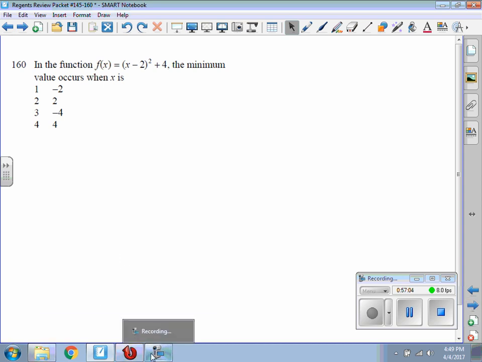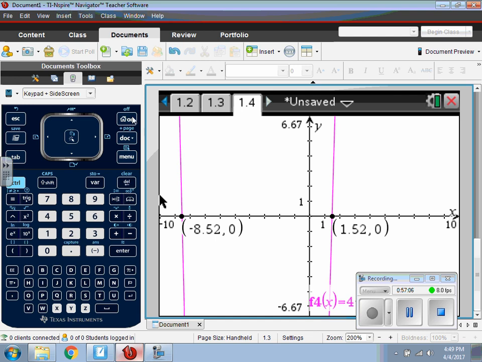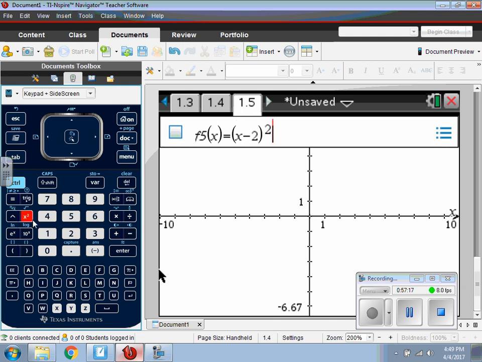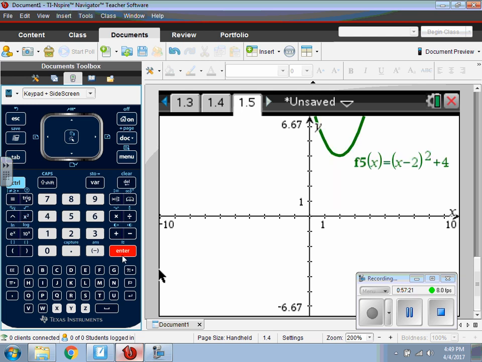So in the calculator, I put the parentheses in the way they look. X minus 2 parenthesis squared plus 4, hit enter. Oh, it doesn't even cross the x-axis, but I could figure out the minimum.